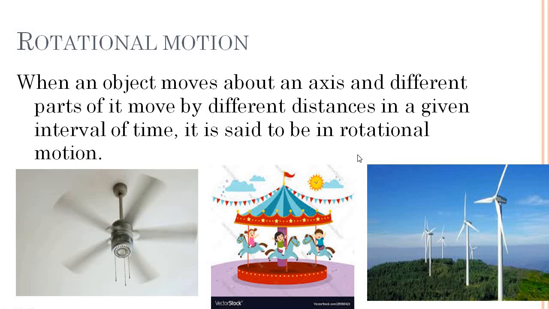While in curvilinear motion, all parts of the object cover the same distance and it follows a curved path.